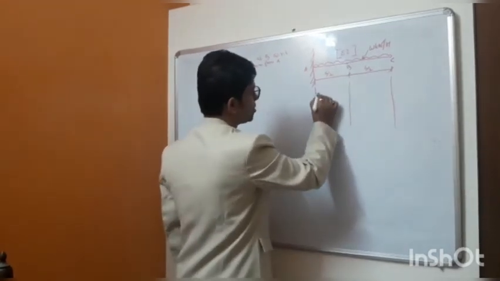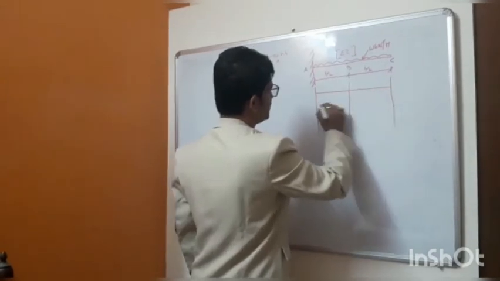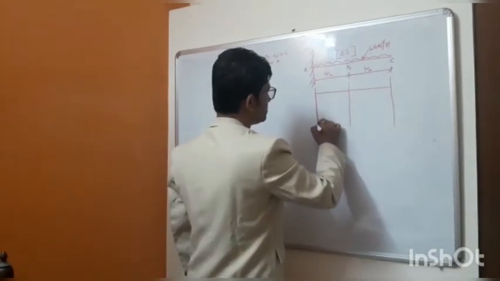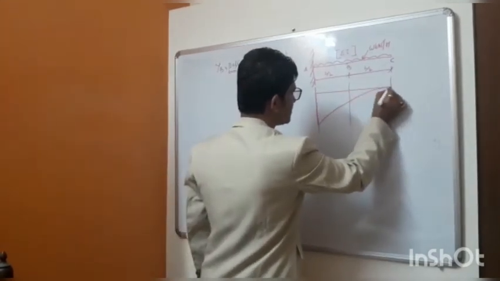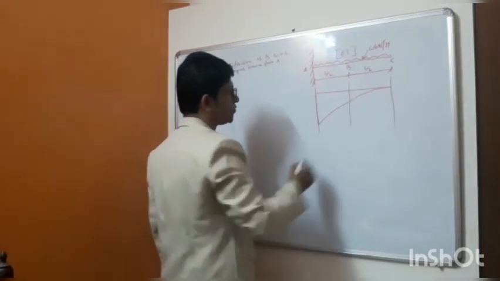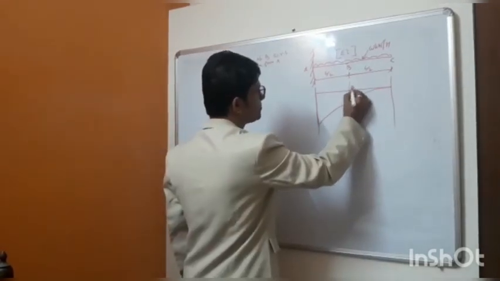So let us draw the M by EI diagram, with a parabolic curve. So we are to find deflection at this point.